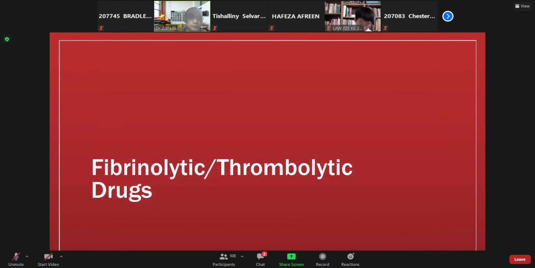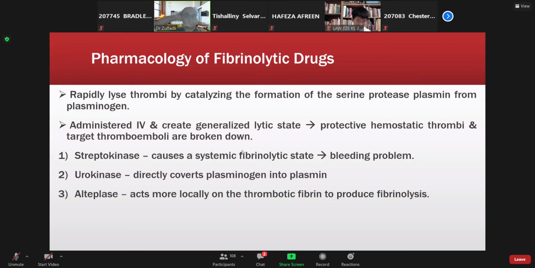Now we move to fibrinolytic and thrombolytic drugs. From the name, the drug is used to lyse fibrin and thromboembolism. Drugs in the fibrinolytic group rapidly lyse thrombi by catalyzing the formation of the serine protease plasmin from plasminogen.